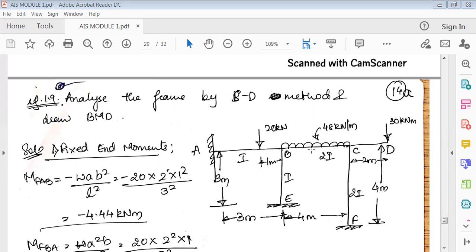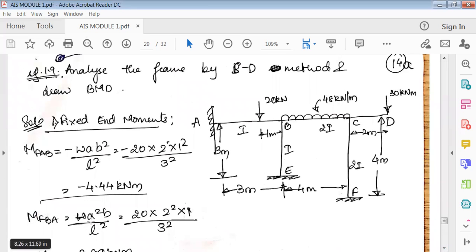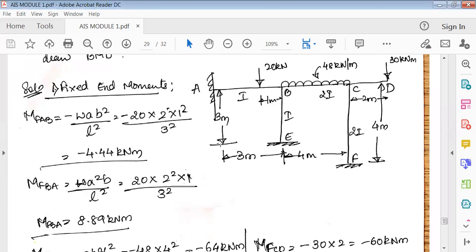MFAB, since the load is eccentric, is W a b squared by L squared. Here a is the longer span, 2, and b is the shorter span, 1. So MFAB is W a b squared by L squared, and MFBA is plus W a squared b by L squared. Substitute the values and find out, then you get MFAB and MFBA.